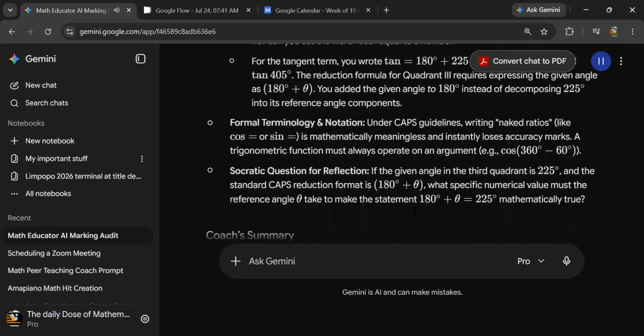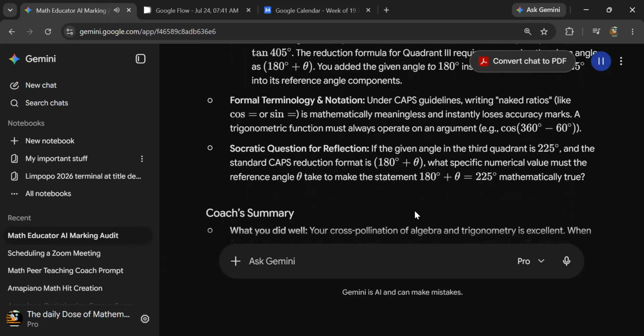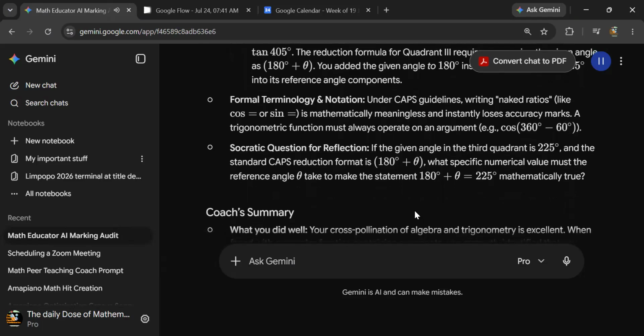Formal terminology and notation. Under CAPS guidelines, writing naked ratios, like cos equals or sin smiley face, is mathematically meaningless and instantly loses accuracy marks. A trigonometric function must always operate on an argument, for example cos(360° - 60°).